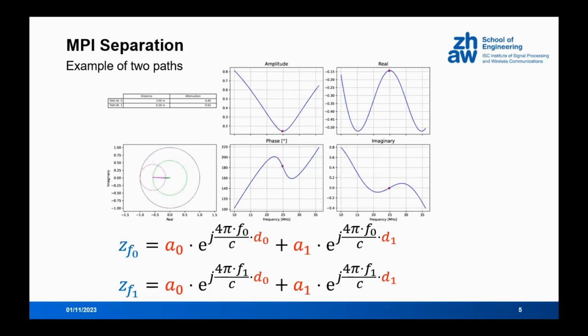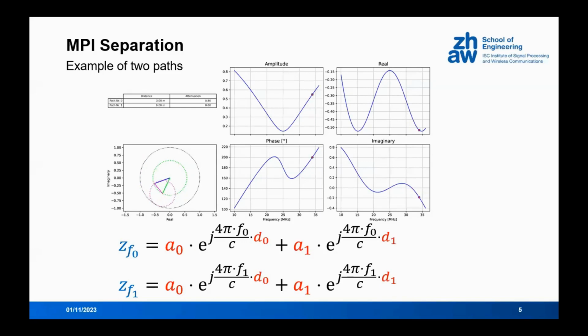If we increase the frequency, you can see that the green one and the red one linearly increase their phase, because the time to the object is always the same, but if we increase the frequency, the phase also increases. But as you can see, the sum, the blue vector, is constantly changing and is not directly correlated to these other vectors.